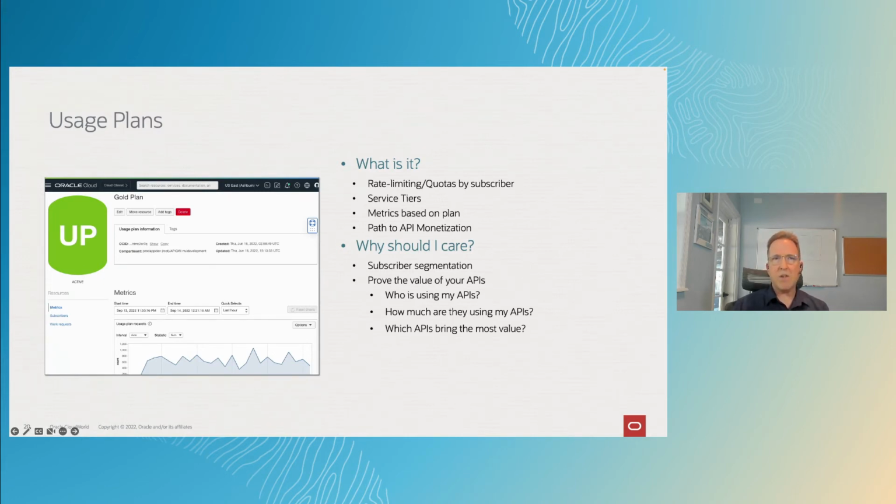This is where you can segment your clients or your subscribers and define rate limiting and quota for those groups. You can also prove the value of your APIs, and this is even more important in that you're not just showing that you have an API that's being used, but you're understanding who's using it, how much they're using it, and who your top clients are.